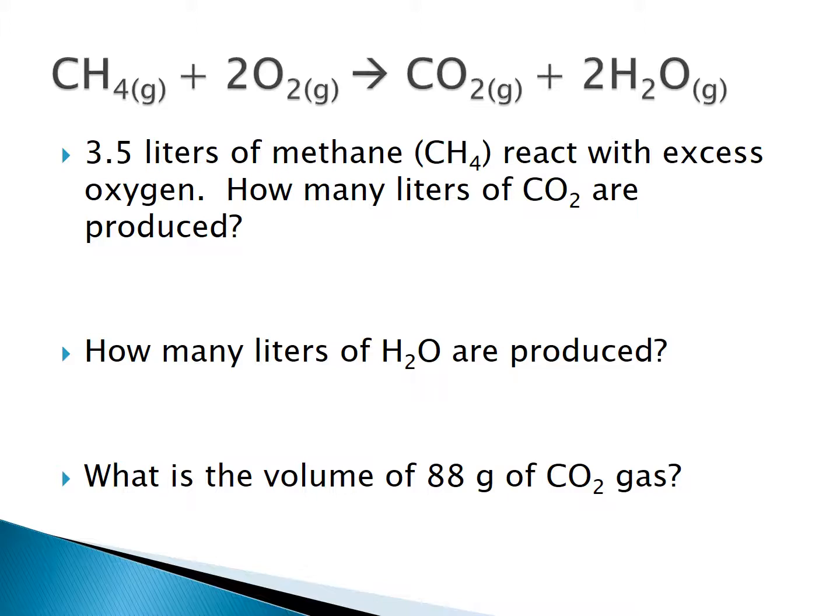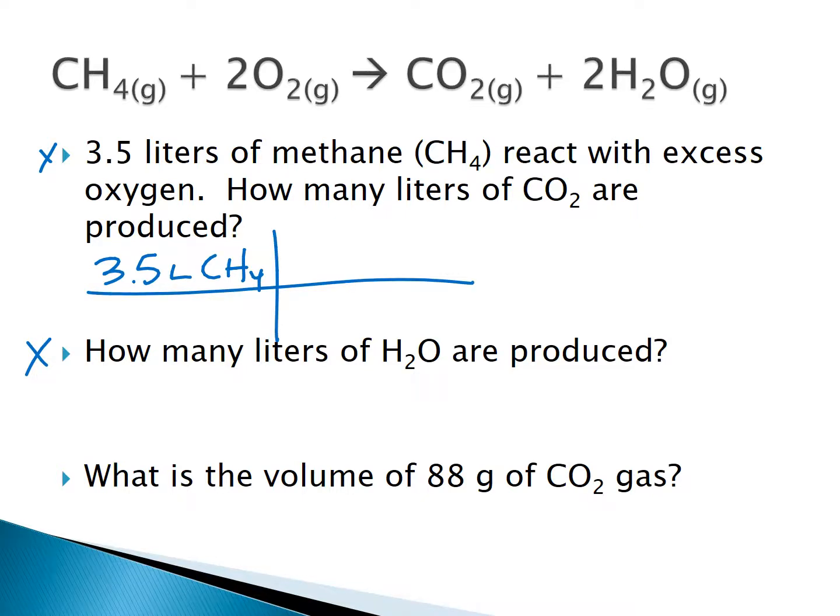All right, so here's a few more examples. I want you to try the first 2 all on your own, and then I'll work out the third one for you. All right, so 3.5 liters of methane. Methane is CH4, like the problem tells you. It's asking how many liters of CO2 will be produced.